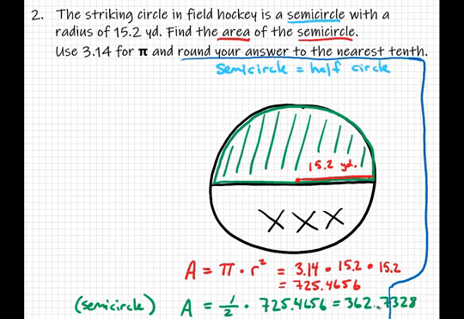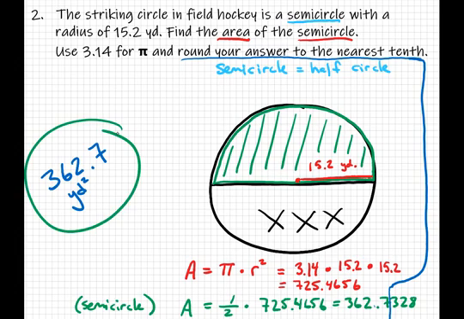Since the first place we're not keeping is a 3, we round down, we don't round up, so the final answer should be 362.7, and it's area, so square yards. So the area of the striking circle in this case is 362.7.